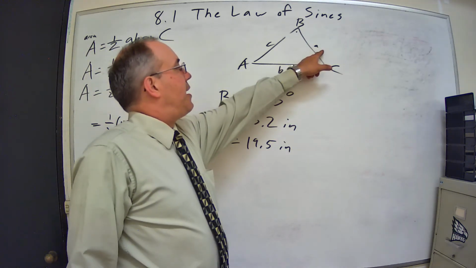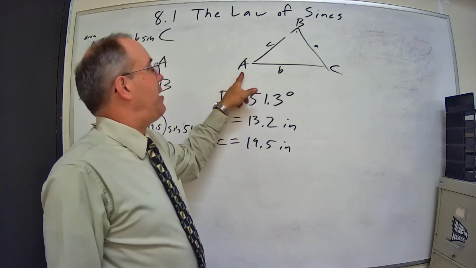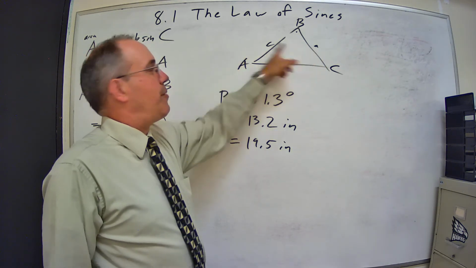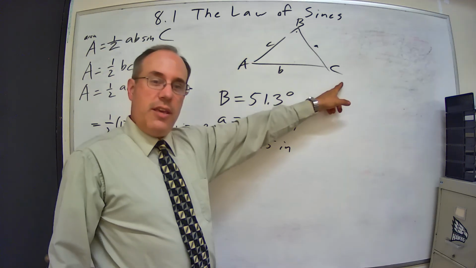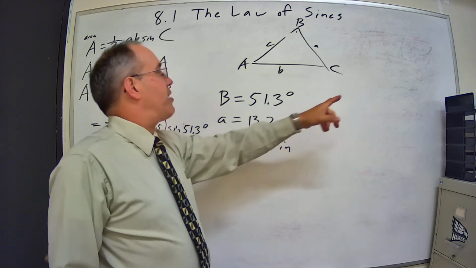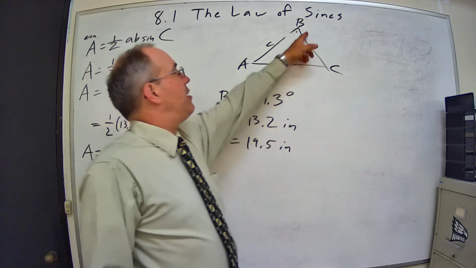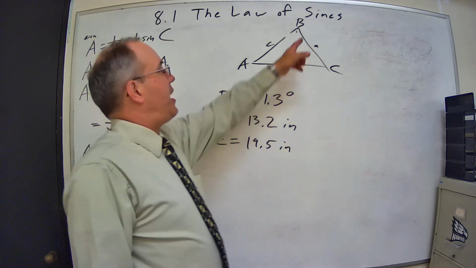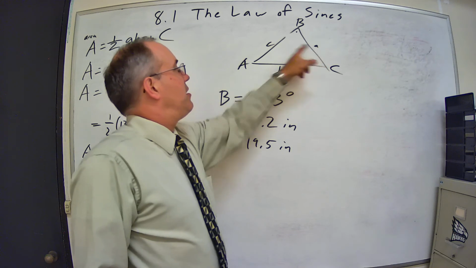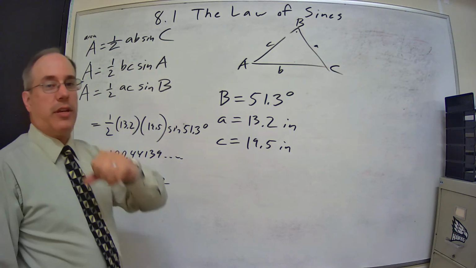I could take side A and angle A, because those are what I'm given, and side C to find angle C. Once I have angle C, I could add angle A and angle C together, subtract it from 180 to get angle B. Now that I have angle B and those two sides, I can plug it into the equation.